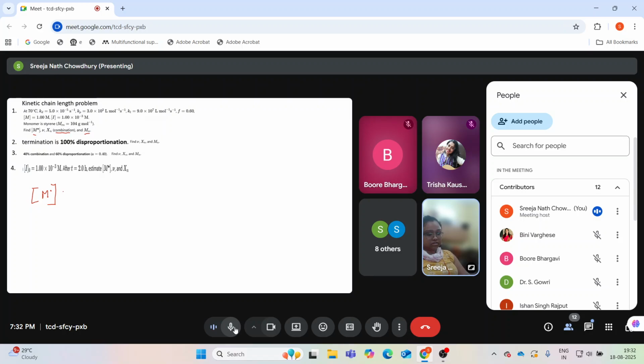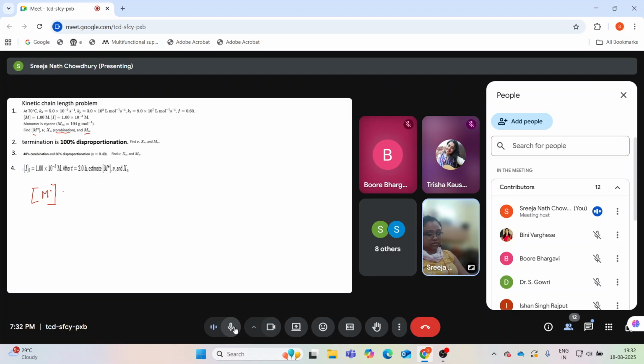So we have to calculate Ri at time t, that is 2 f kd I, 2 into f is 0.6, kd is 5 into 10 to the power minus 5, into I, which is 6.9768 into 10 to the power minus 4. So Ri becomes this.